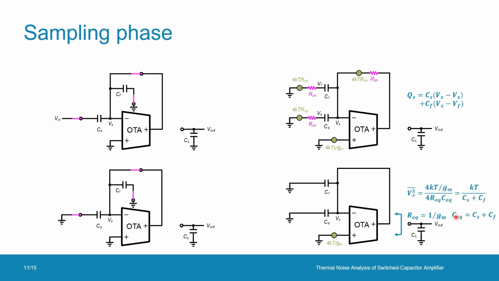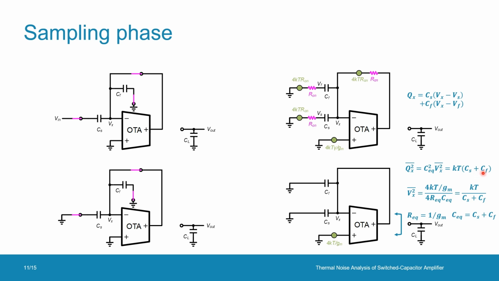From the basic sample and hold circuit, we know that the total noise power is this PSD over 4RC, which is again kT over C. As a result, the total noise charge is CV squared, which becomes kT (CS plus CF).